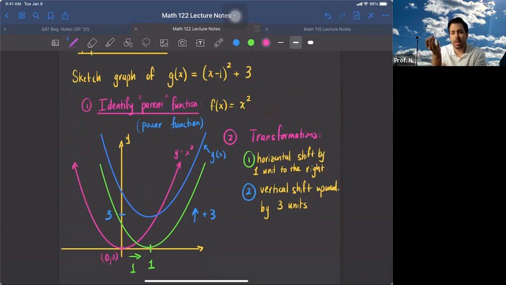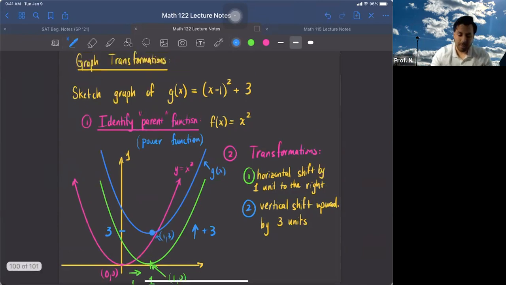What's the minimum point? If I moved it 1 unit over, then my vertex would be (1, 0). Then I move it upward by 3 units, so I only affect the y values. So the vertex here would be (1, 3).